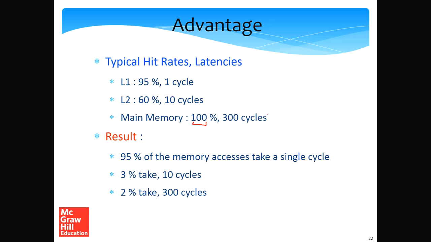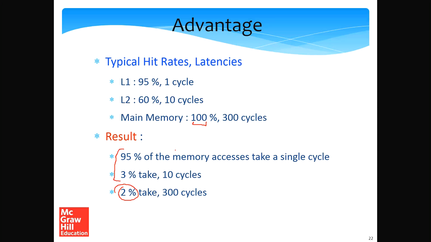So this is telling us that most of our memory accesses are reasonably fast, both in L1 and L2, and a very small percentage of them will actually take 300. These are very rough, crude numbers. It's not 300 exactly, it's 1 plus 10 plus 300. Later we look at the performance of the memory system in great detail, which is why these numbers are very crude at the moment.